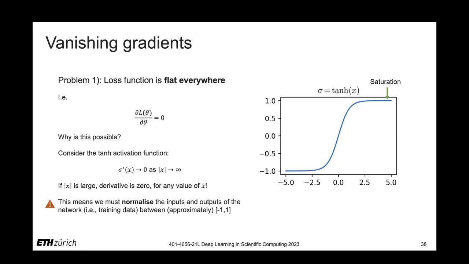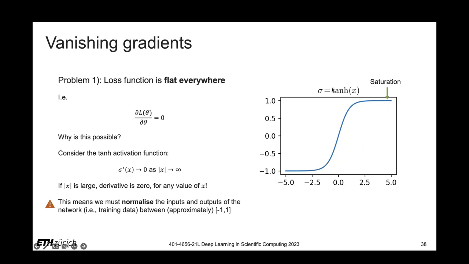This is what allows them to model arbitrarily complex functions, so we have to have these nonlinearities. But imagine if you fed in an input that's very negative or very positive, so x is -5 or +5. Then tanh x is going to become saturated. Basically, the output is always going to be 1, whatever the value of the input is.